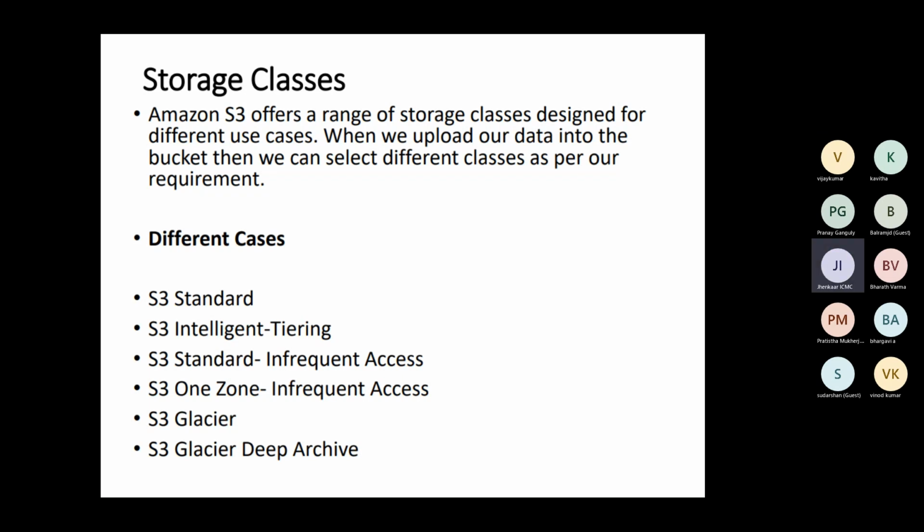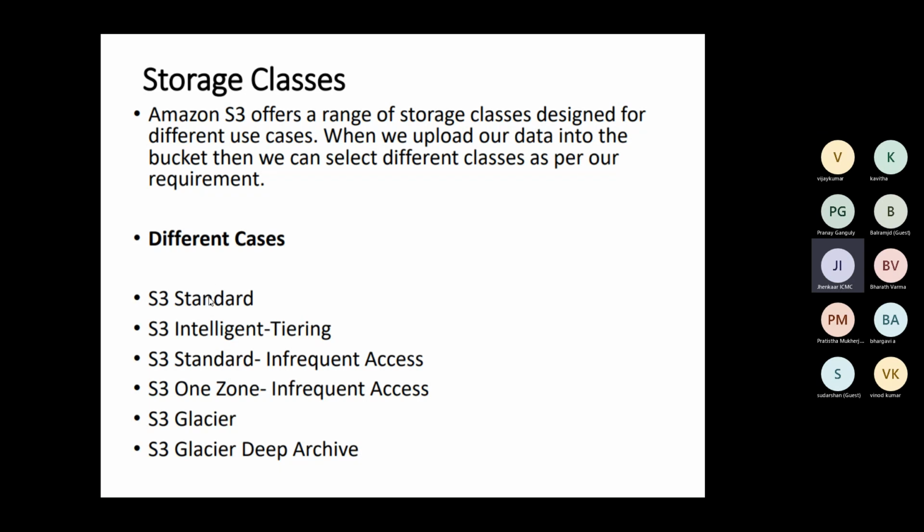For example, if my requirement is to frequently access my images or data, then it says, go and select any of these which is feasible for your requirement. Here I can see these many storage classes. If you don't change anything, S3 Standard is selected by default as the storage class.